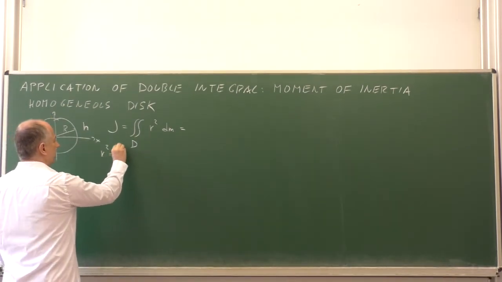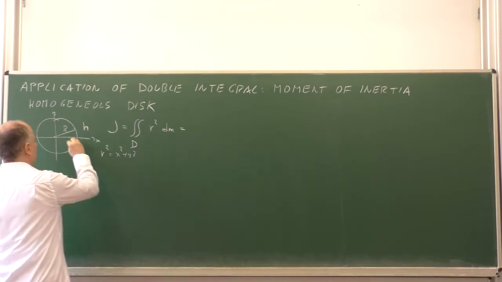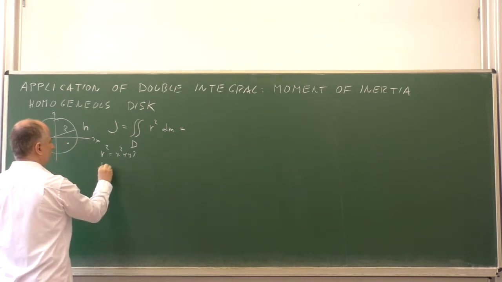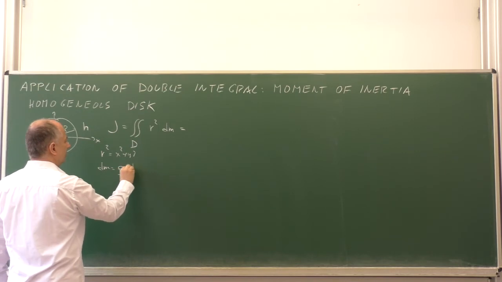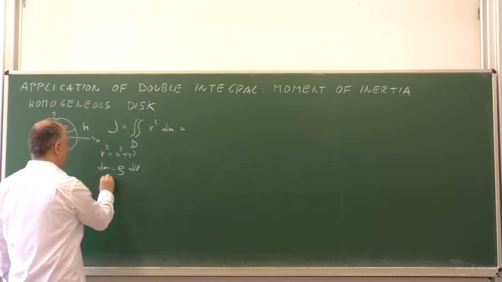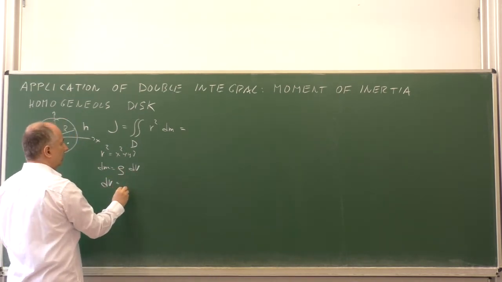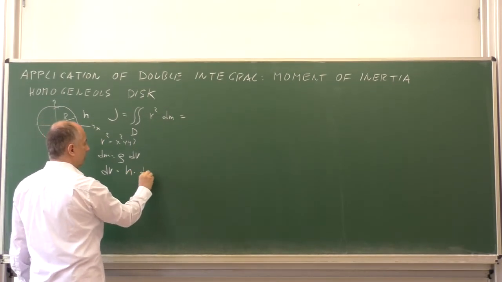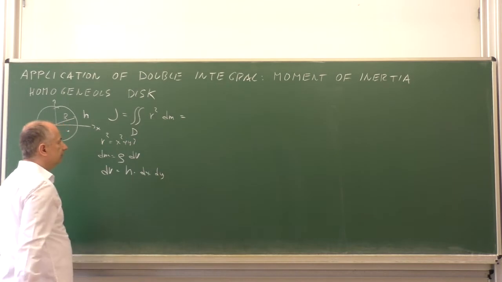Then r squared is x squared plus y squared of some point, and dm will be the density times dv, and the volume dv will be the thickness times dx times dy.